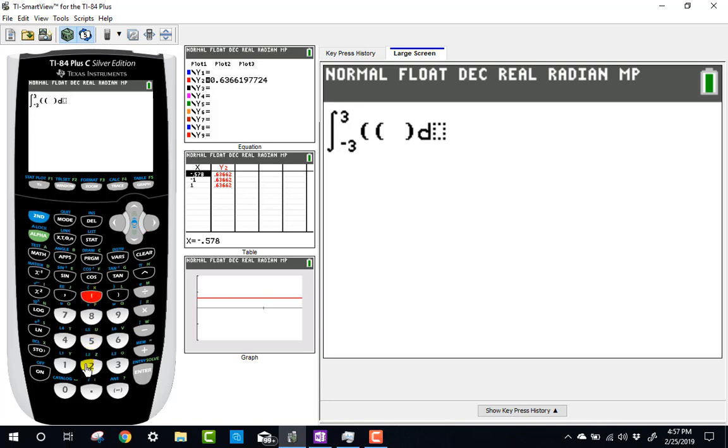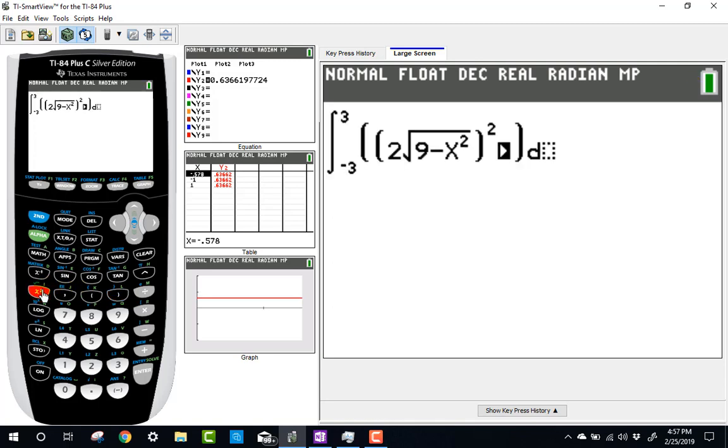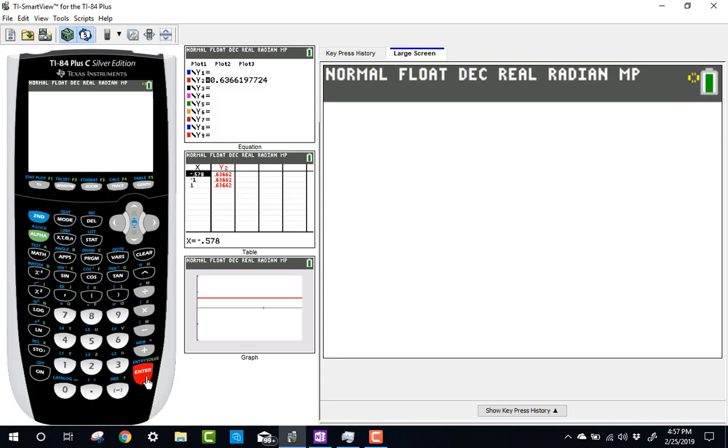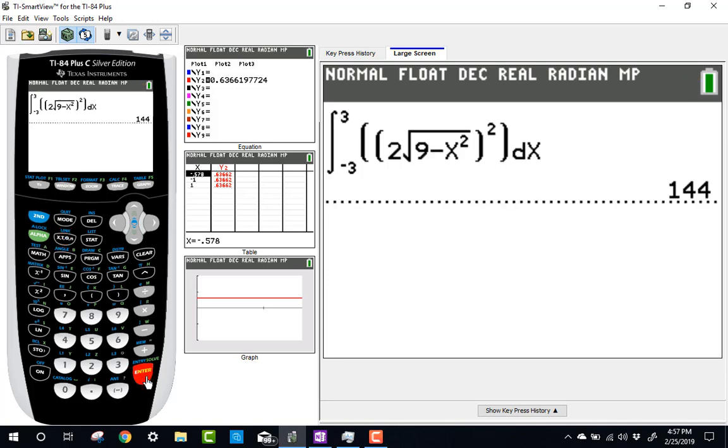We're going to do 2 times the square root of 9 minus x squared, get out of that square root, close up our parentheses and square that, and then dx.